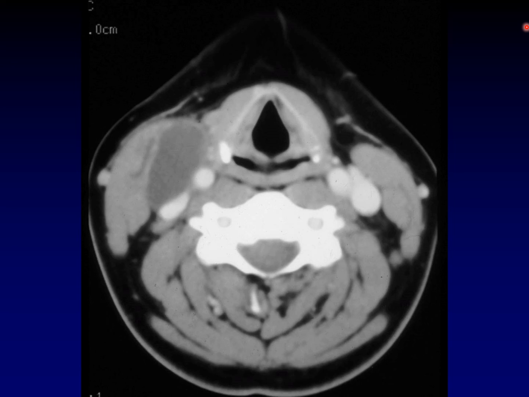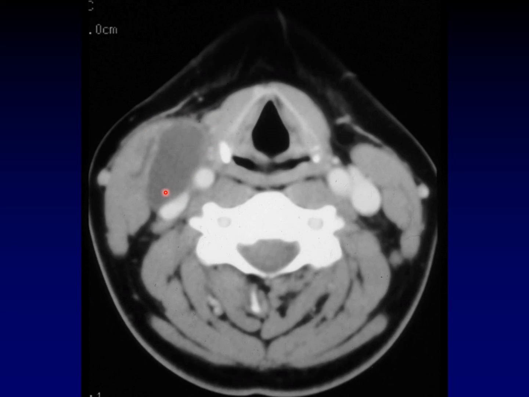Now we're getting to the lower branchial cleft cysts, the third and fourth branchial cleft cysts. A third branchial cleft cyst is usually deep to the sternocleidomastoid muscle and lower down in the neck at the level of the larynx or lower. Right? These can be difficult to distinguish from other cystic masses in the neck.